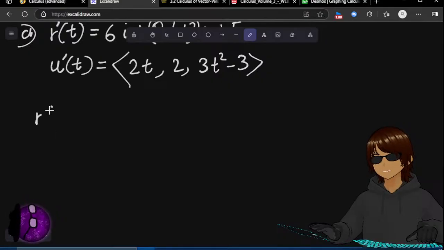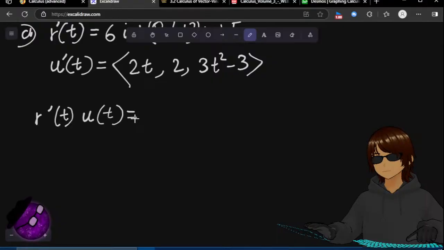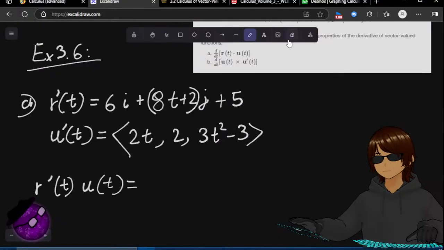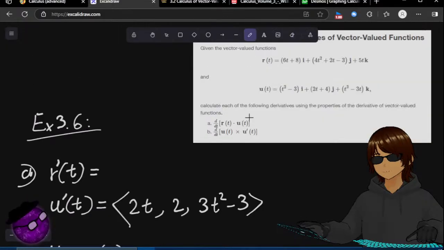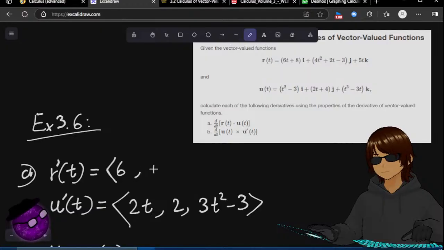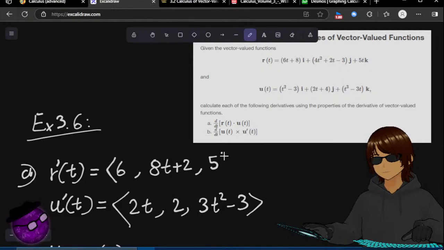So derivative of the first times the second, hold on, I'll write this the other way. So we have 6, just 6, 8t plus 2 and then 5.